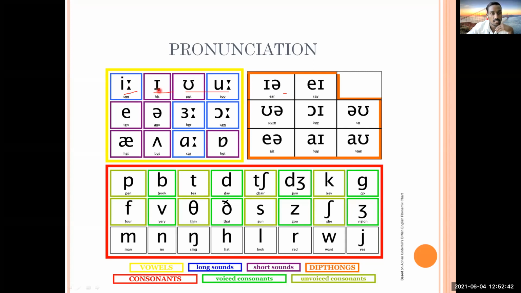This is long e, this is short e, this is short u, this is long u, then a, o, a, a, o, ear, a, ur, oi, o, a, I, ow, p, b, t, d, ch, j, k, g, f, v, th, d, s, z, sh, j, m, n, n, h, l, r, v, y.